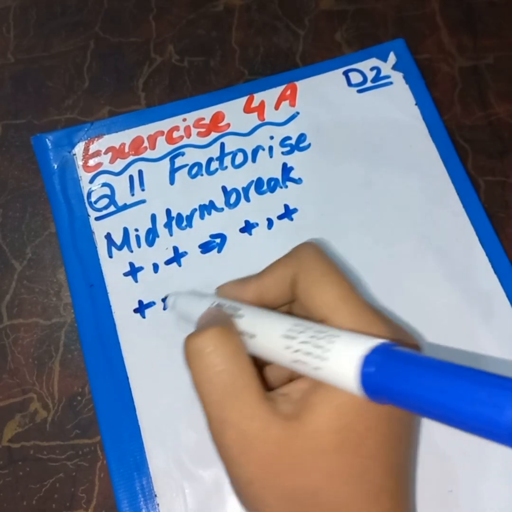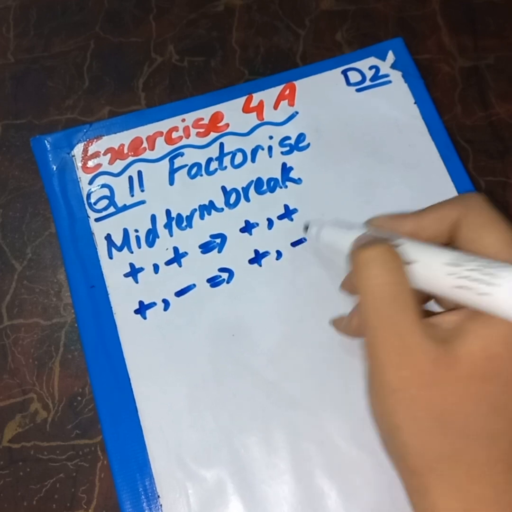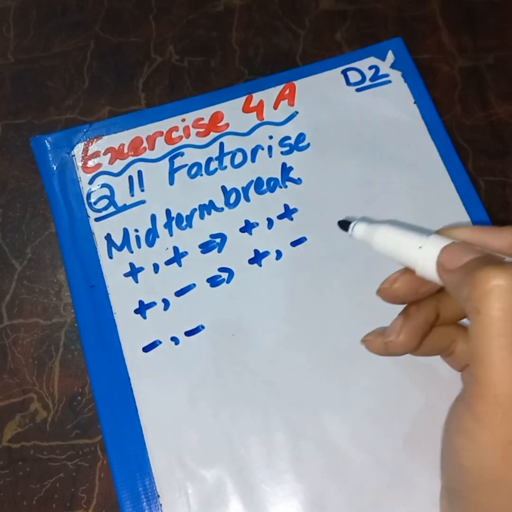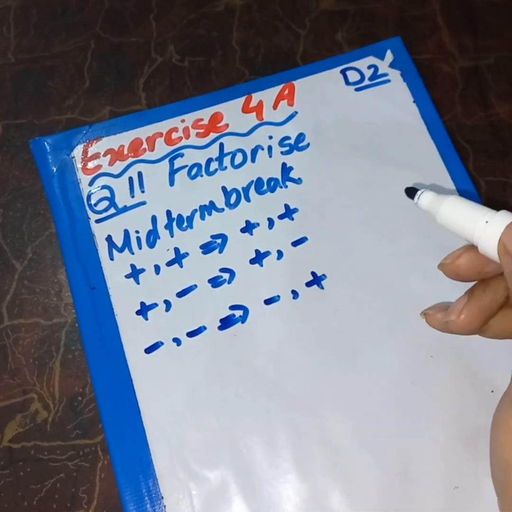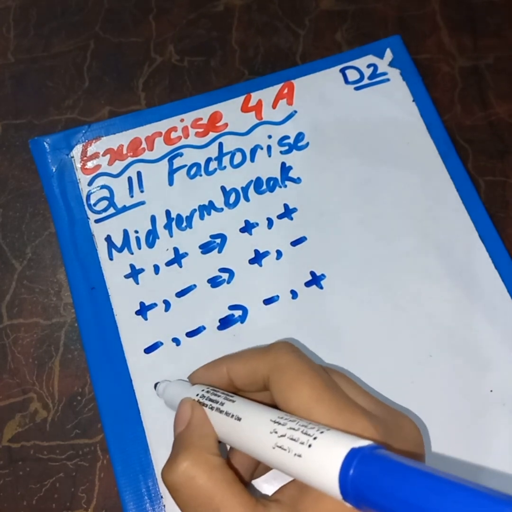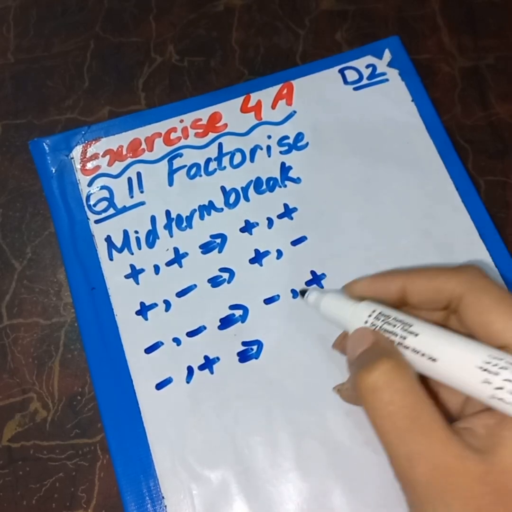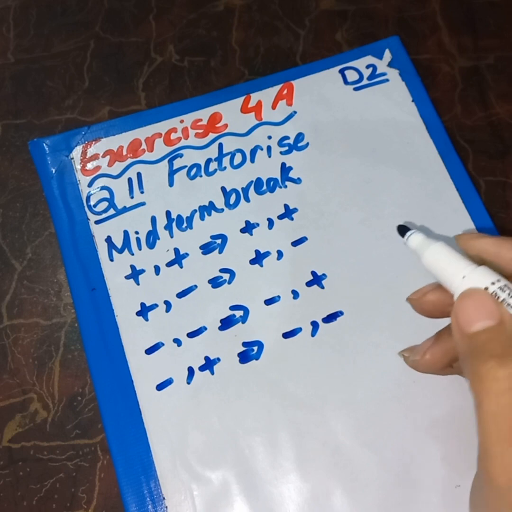If the question has plus minus, we will choose plus minus with the chosen pair. If it is minus minus in the question, then we will use minus plus with the pair. And if it is minus plus in the question, then we will write minus minus with the pair that we choose for breaking the mid-term.